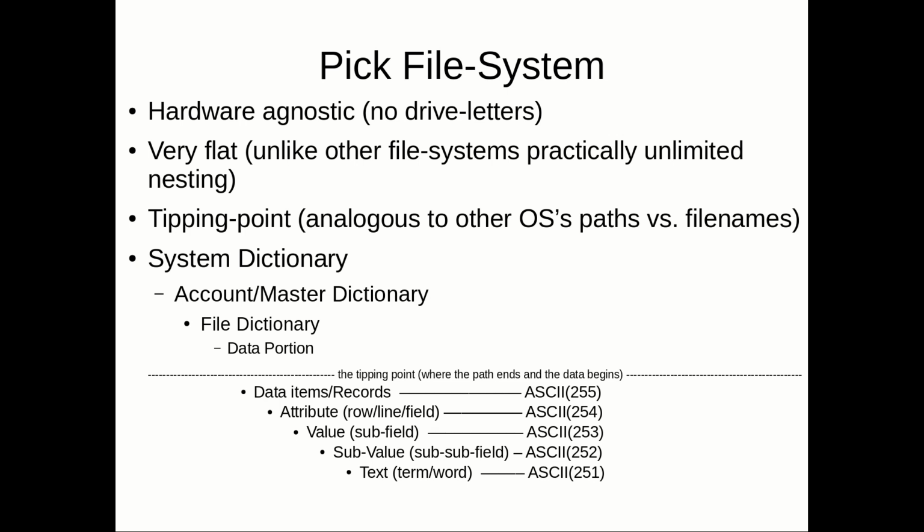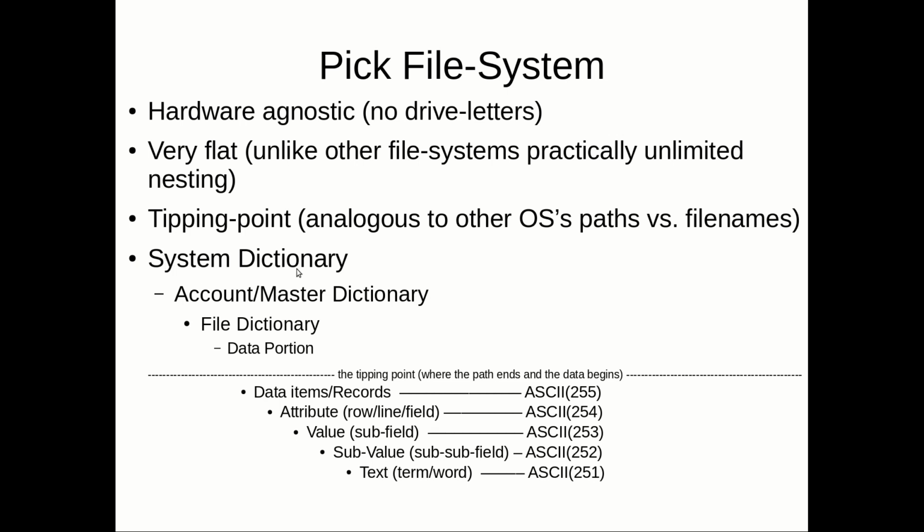So then there's the tipping point, and all file systems have this. Nobody really talks about it much. I think it's rather crucial because it's the dividing line between where the path to the data ends and where the actual data that you work with begins. So on a PIC system, you've got the system dictionary, and you can have multiple systems on a machine, but that's rarely done. Only in the case of, let's say you get a big IBM z/OS system and you're hosting like half a dozen or a dozen different systems on there because you've virtualized all your systems onto that one big piece of iron.